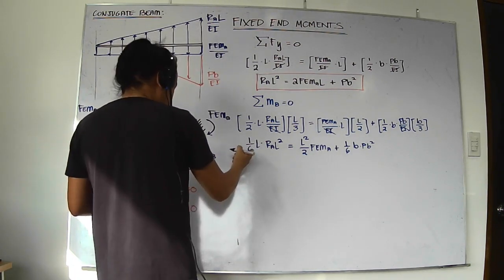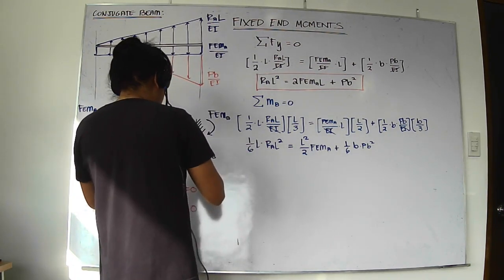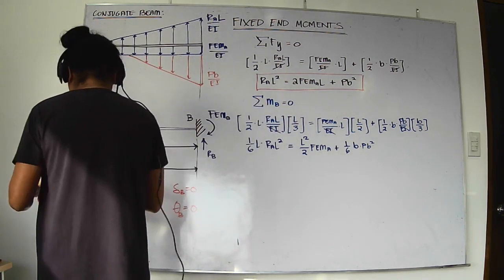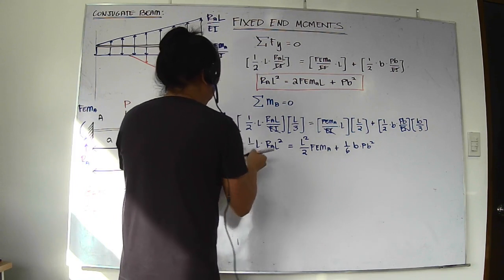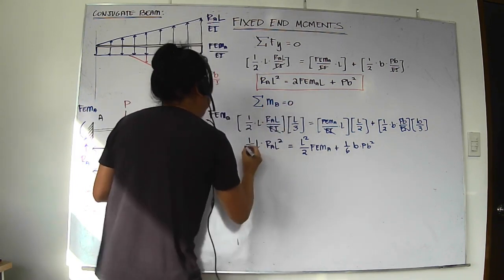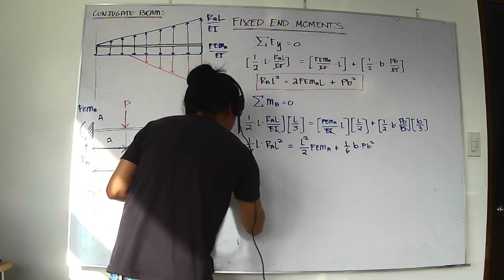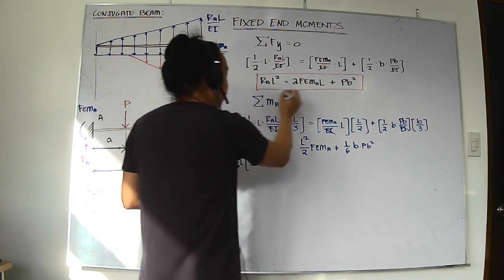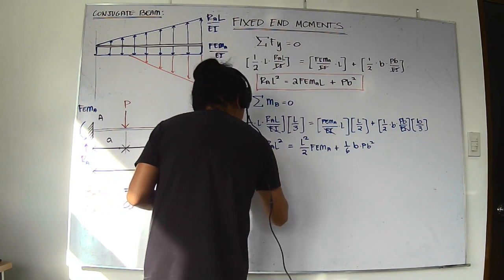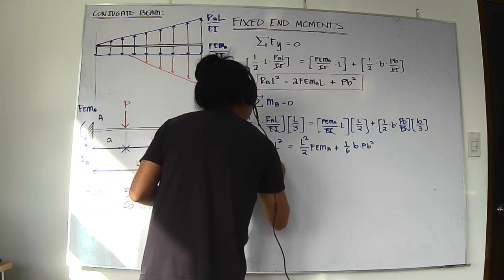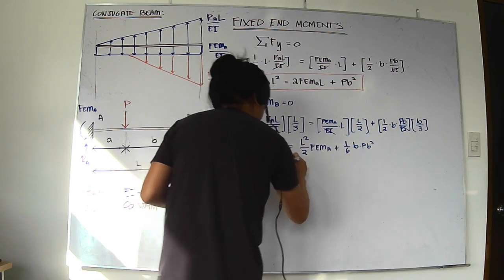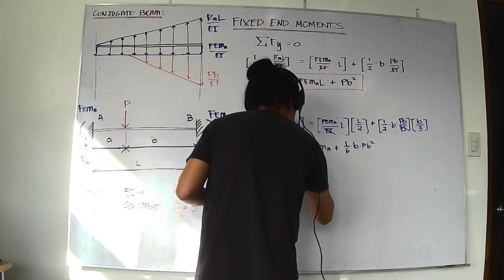Now, we already know that RAL is equal to this expression, right? So, if we go by that expression, this should be 1/6 times L multiplied by 2 FEMA L plus PB squared.